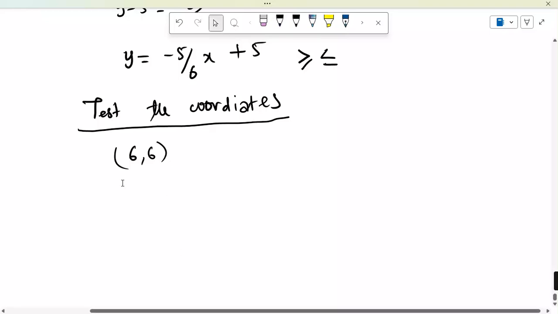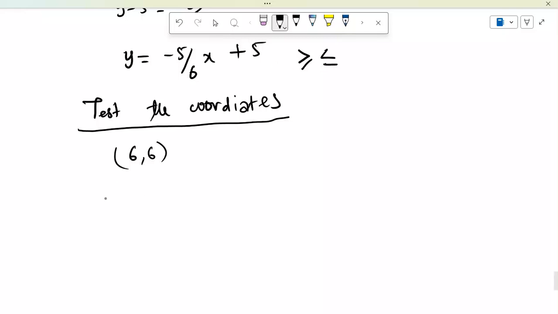So we substitute these coordinates in this equation. Which one do we pick? Let's start with less than or equal to. I know this is x, this is y. So where there is y, we put 6. We are testing this first. So 6 less than or equal to negative 5 over 6 times x. What is the value of x? It is 6. Plus 5.